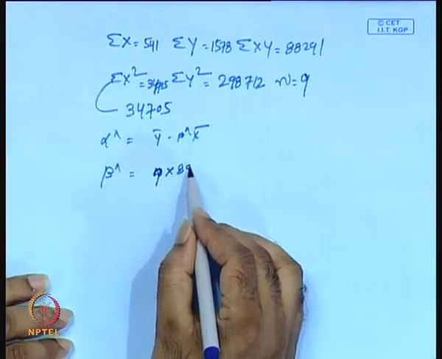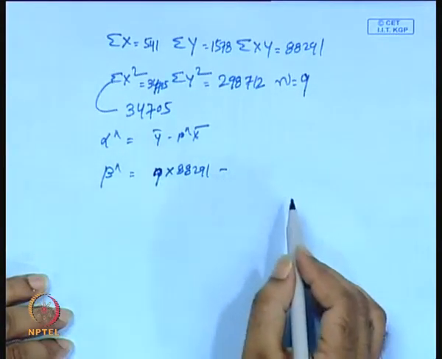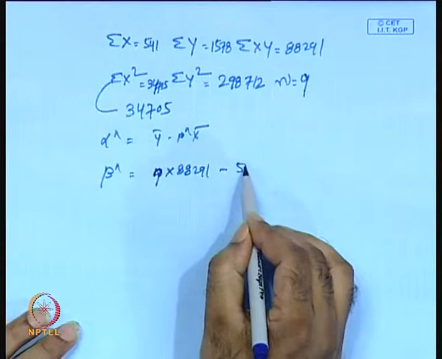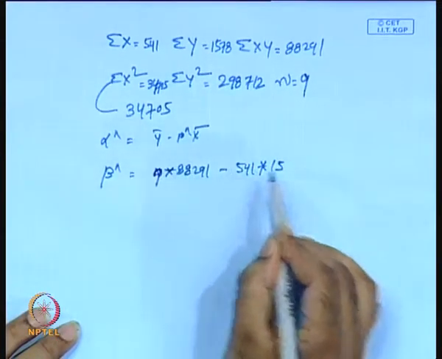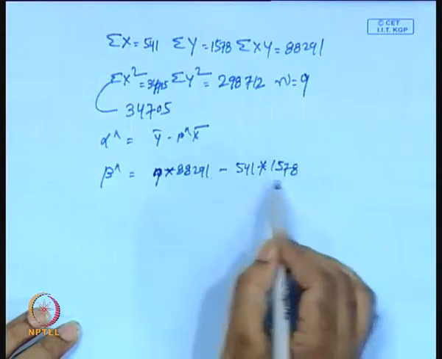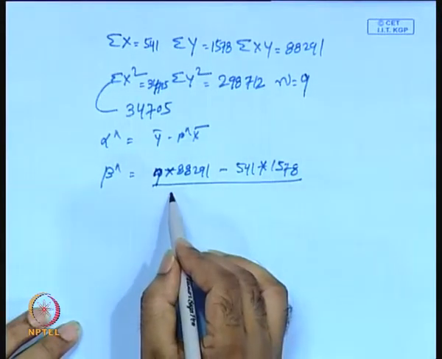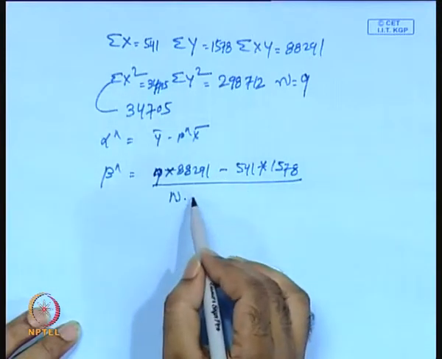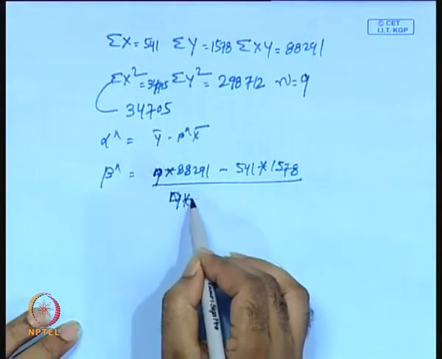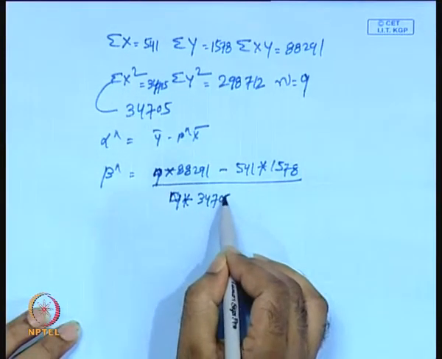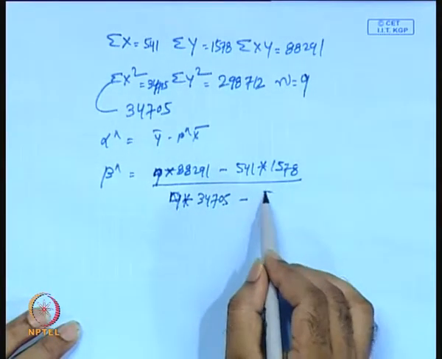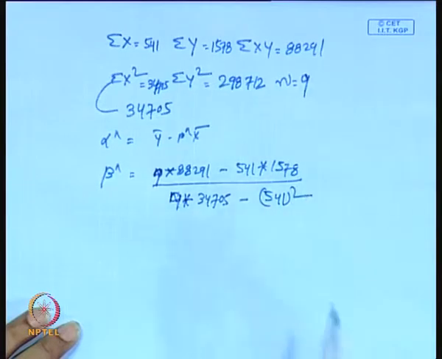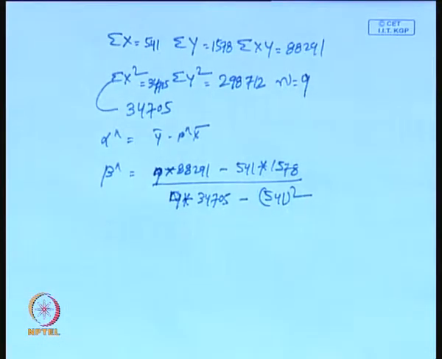So, 9 into 88291 minus summation x into summation y, that is 541 multiplied by 1578, divided by n summation x square, that is 9 into 34705, minus sum x whole square. What is sum x? Sum x is 541. So, 541 whole square. So, this is what the beta value is all about.